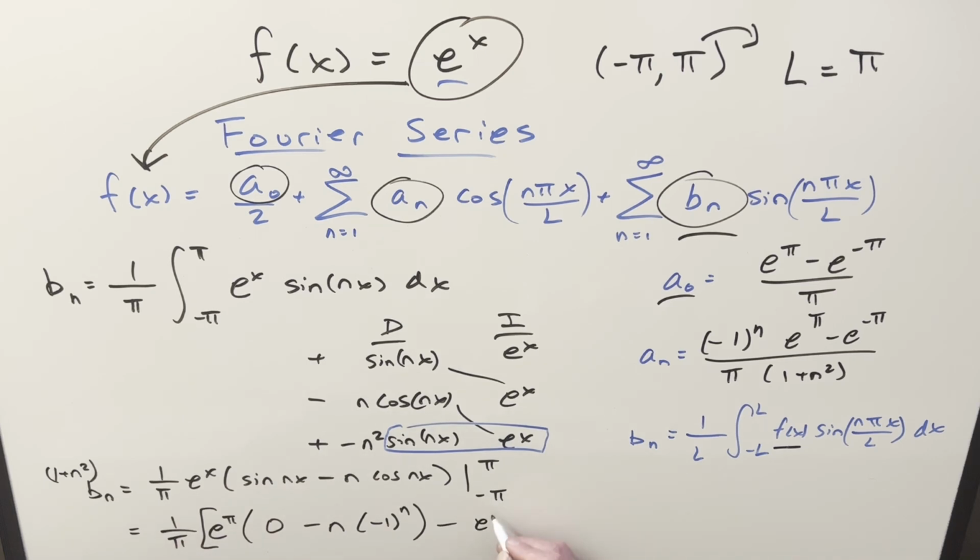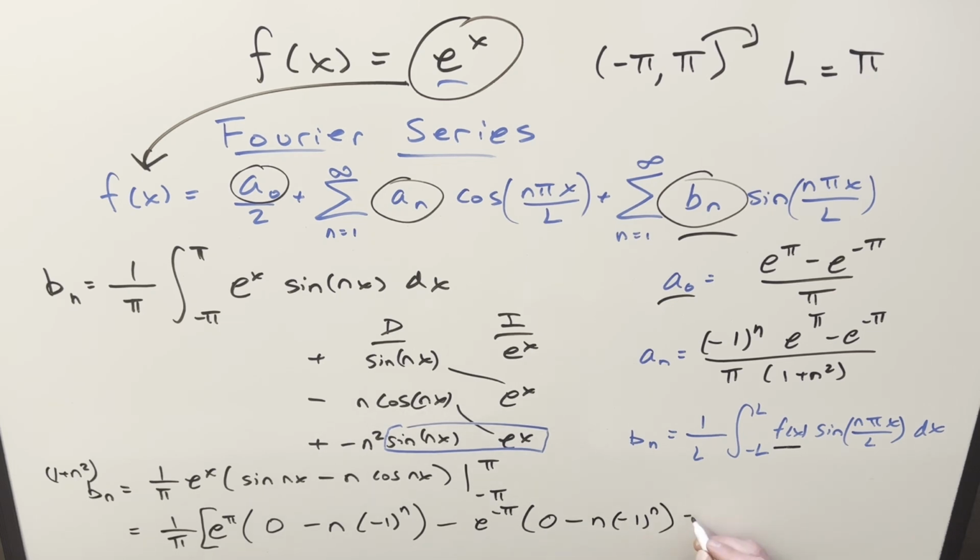So this becomes e^(-pi). Again, minus pi doesn't matter. That's still sine of minus n pi. It's going to be a 0. So that's going away. Minus n cosine of minus n pi. It's an even function. Cosine of minus n pi is the same thing as cosine n pi. So this is going to be (-1)^n again.